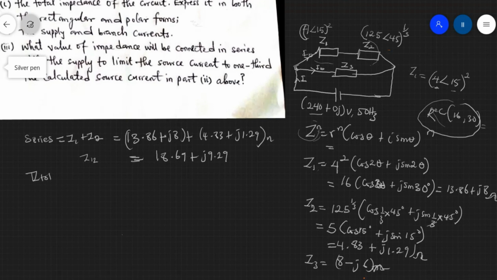Z total is a combination of Z12 in parallel with Z3. Because they are in parallel, we multiply and divide by the sum.